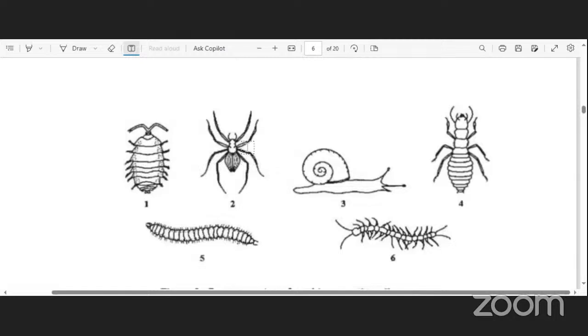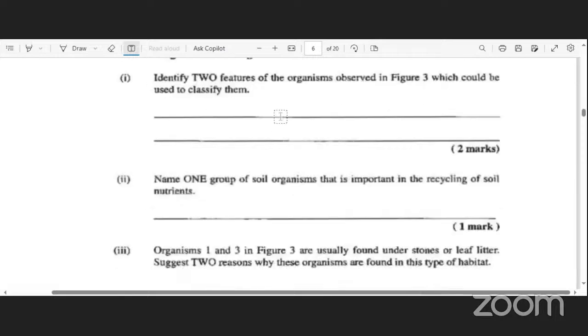What two features could we use in order to classify these organisms in one group? We could use the number of legs, very good, and segments. Awesome, that's what I'm looking for. So we could use the body segments and the number of legs to classify the organisms. All right, two easy points.